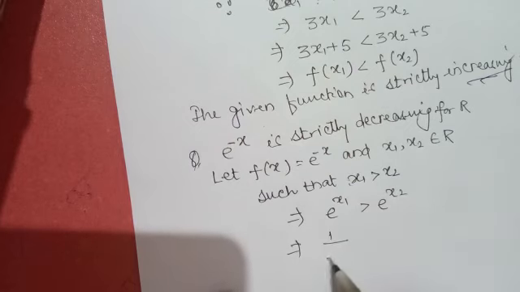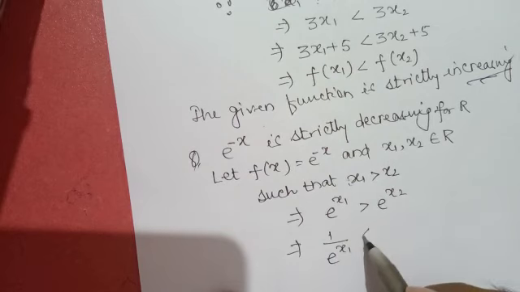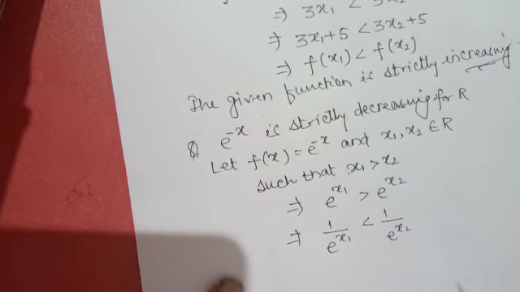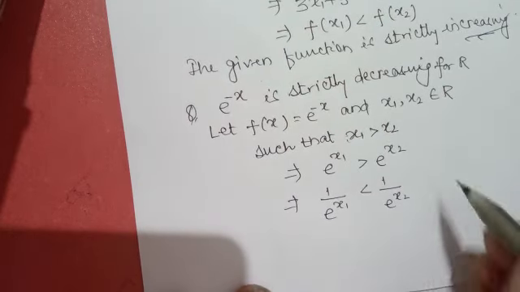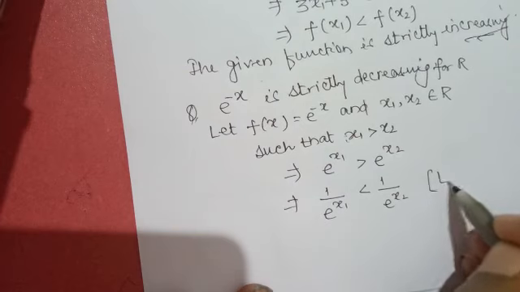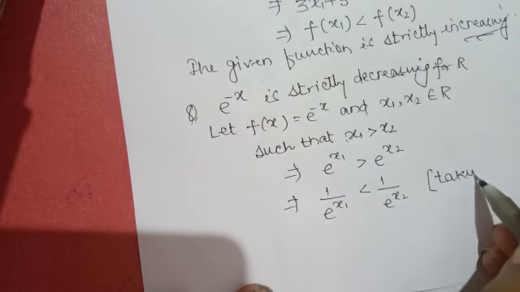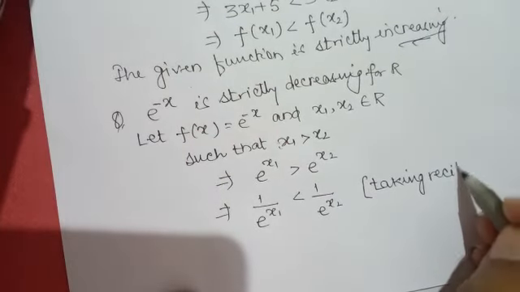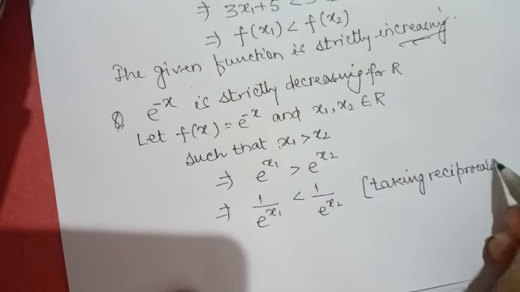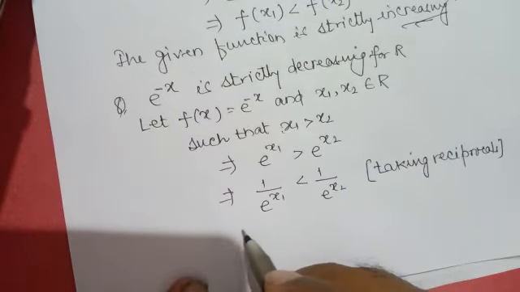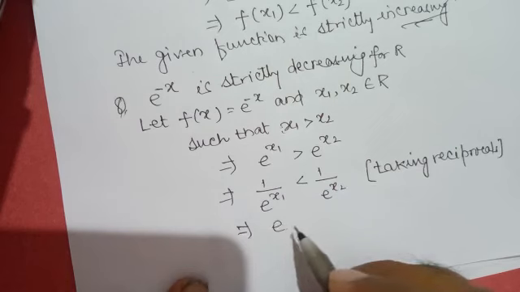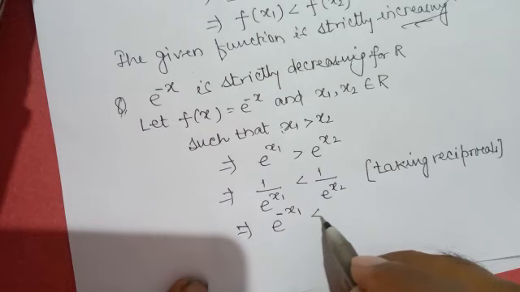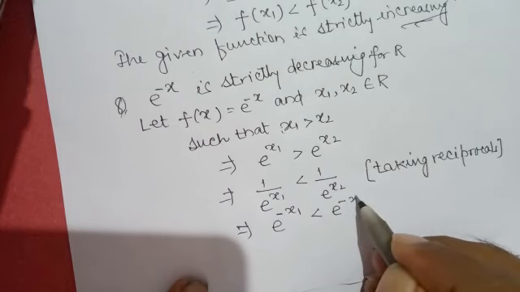So 1 by e to the power x1 is less than 1 by e to the power x2. Taking reciprocals, and 1 by e to the power x1 means e to the power minus x1 is less than e to the power minus x2.